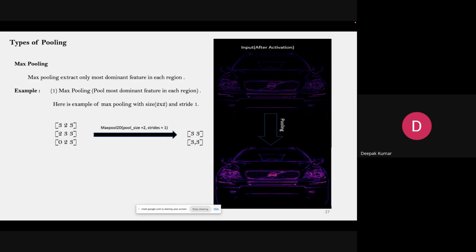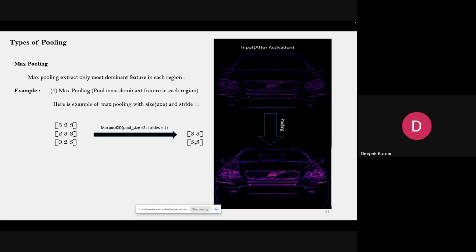Let's say here we are applying pooling of 2 by 2, stride 1. So we select the first 2 by 2 grid from the output, from this matrix, and just select the max of that. That is called max pooling. It means we just pull out the maximum of that grid.